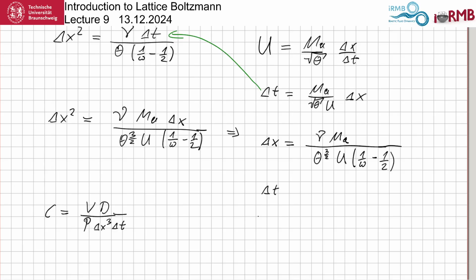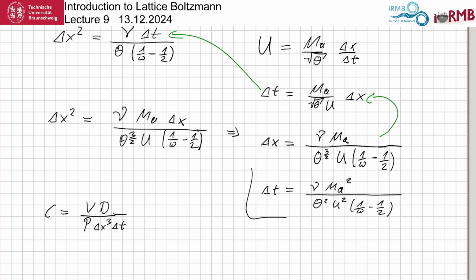We should first plug, because this delta t still has a delta x in it. Now I enter this again here, and then I have delta x by itself, delta t by itself, right? So this will give me hopefully Mach number squared, and this times this gives theta squared u squared, and here we have 1 over omega minus 1/2.